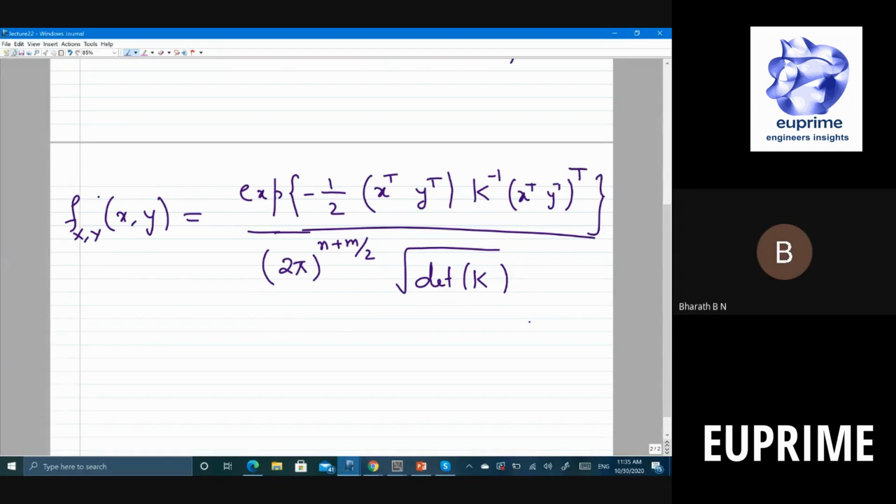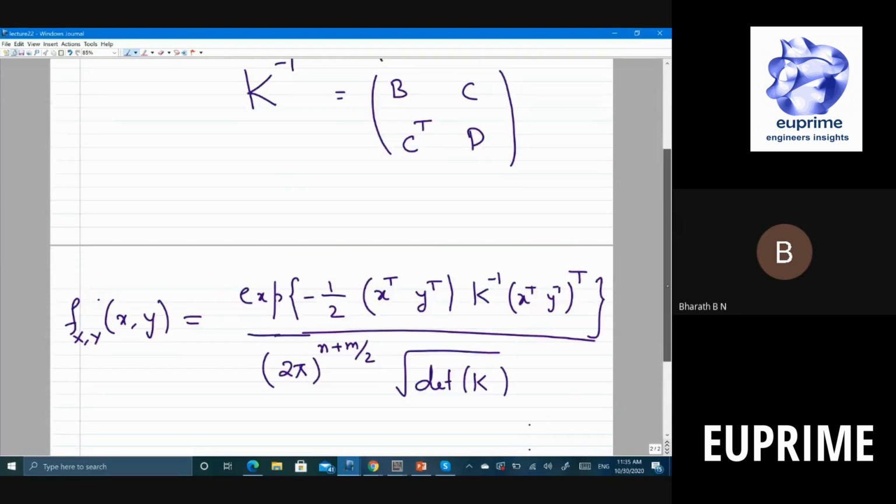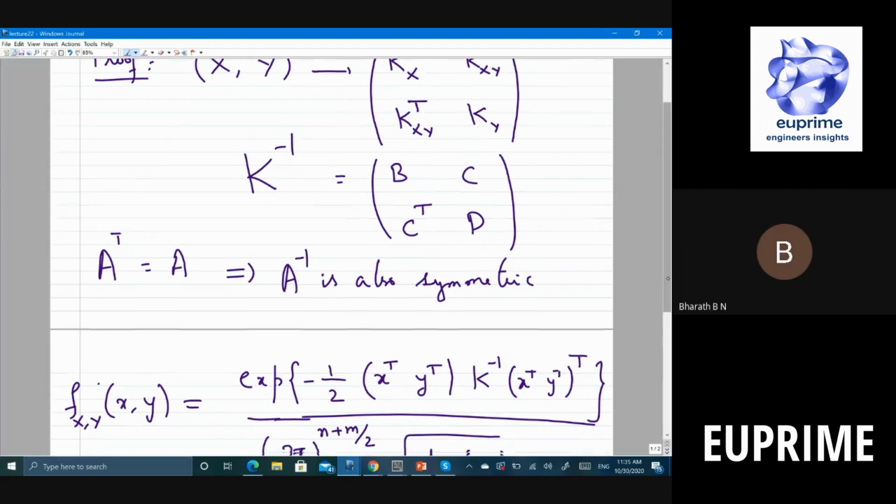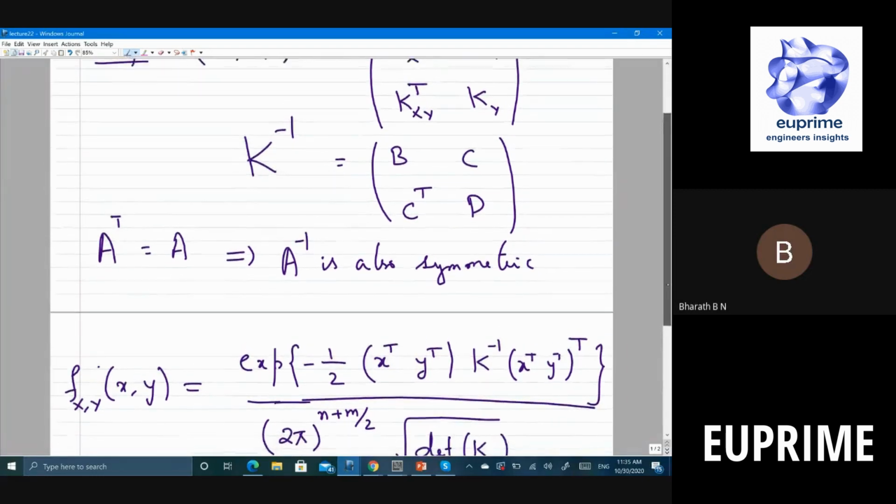Okay, so I'll write K inverse as B, C, C transpose, D. If a matrix A is symmetric, A transpose equals A, then the inverse, if it exists, is also symmetric. So I'll call that inverse this matrix B, C, C transpose, D.